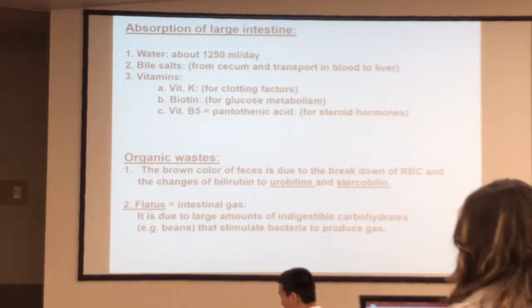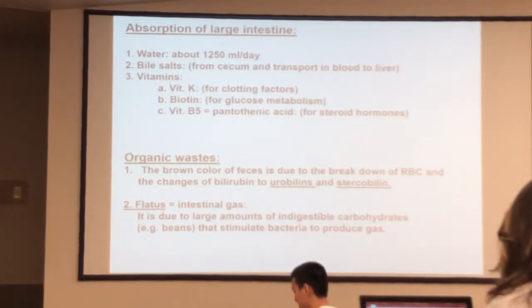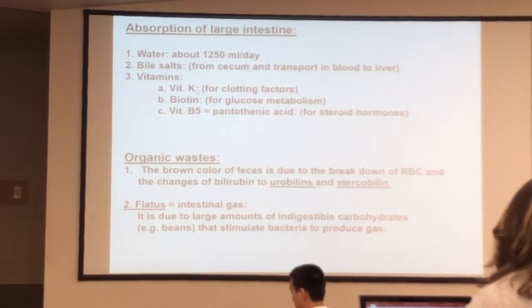The key point is the large intestine doesn't have any enzyme. No enzyme from the large intestine. So the function is just to absorb water, bile salt, and some vitamins. One of them is vitamin K, very important for blood clotting.